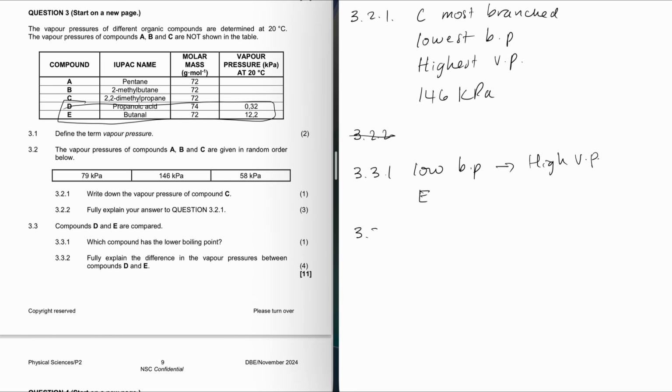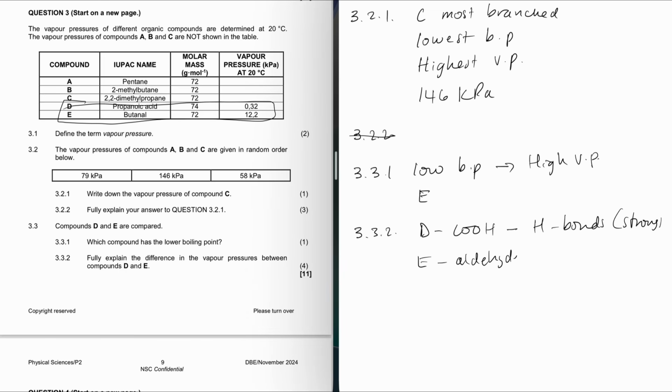Question 3.3.2, explain the difference in vapor pressure between compound D and E. So D is propanoic acid. So D is a carboxylic acid, and carboxylic acids have hydrogen bonds, which are strong. E, on the other hand, is an aldehyde.